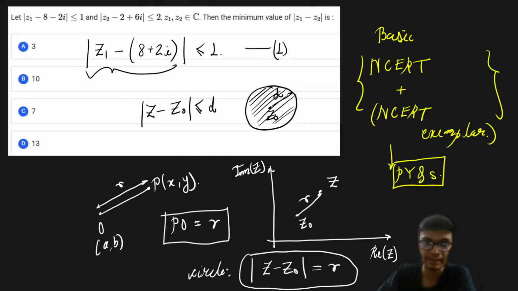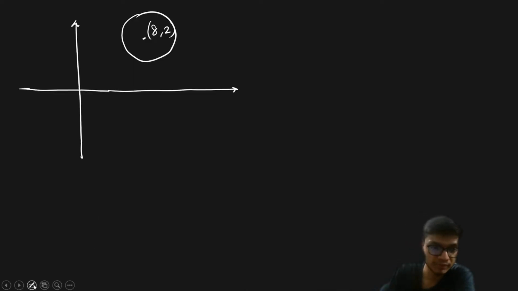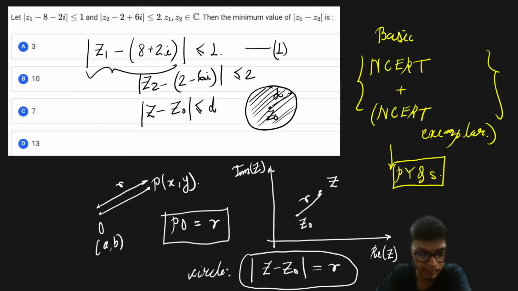Similarly, if you look at the second expression, it is given as mod of z2 minus 2 minus 6 iota is less than or equal to 2. That is what is mentioned in the second expression. That is talking about z2 being some interior point of a circle whose center is given as 2 comma minus 6.